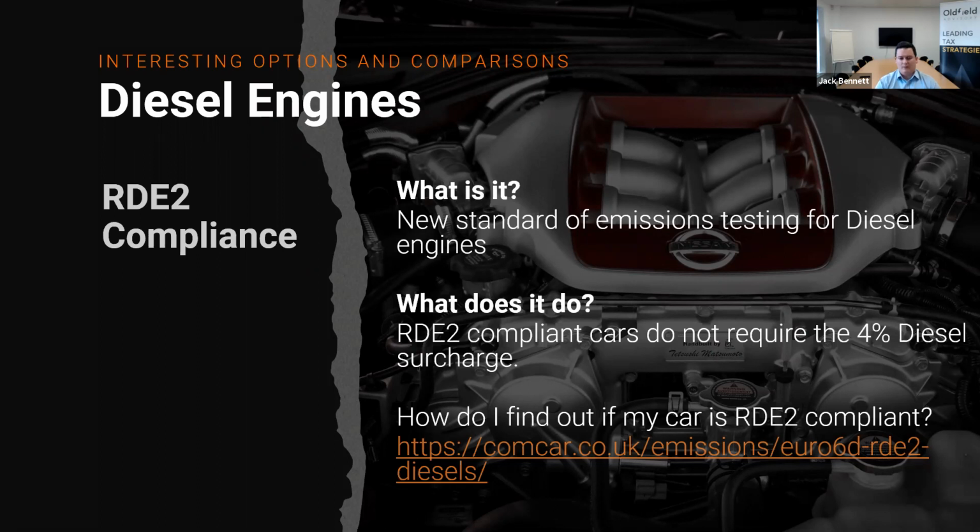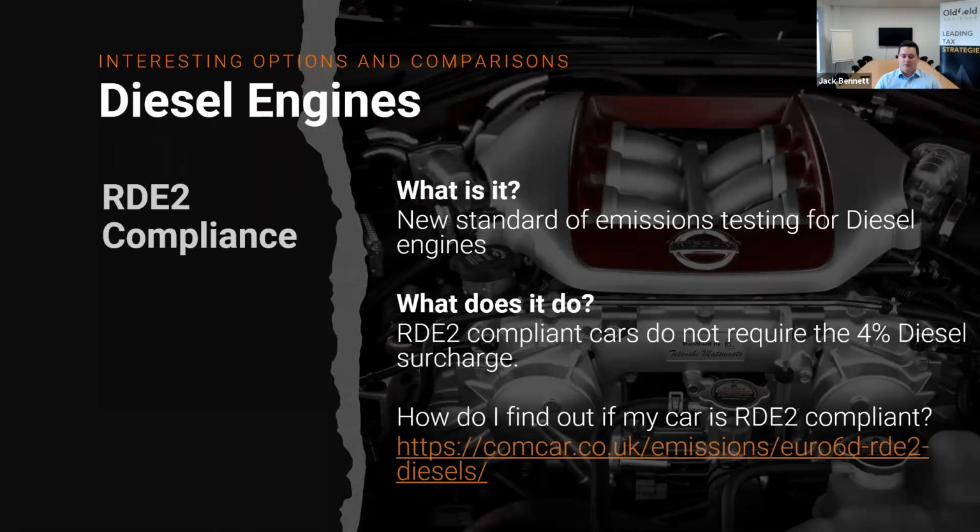So Carl spoke about earlier the percentage that is multiplied by the list price of each vehicle. To explain that a bit further, HMRC publish a register or list, and you can check your CO2 emissions, and it might say 30%, which would usually apply to the petrol option.